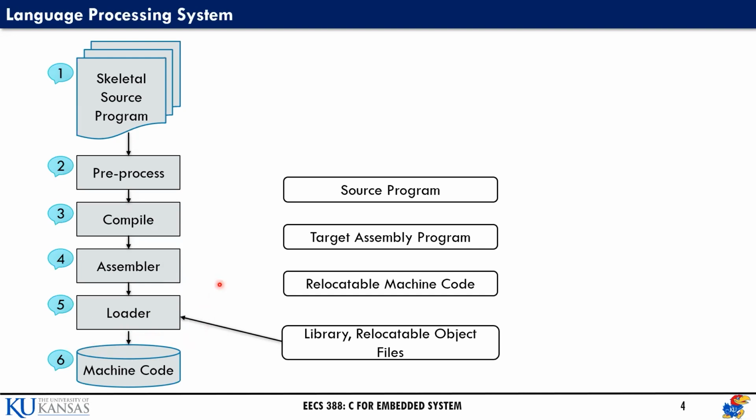So here in the loader, the loader basically takes the executable from the linker. Inside this stage, we have another tool that we call the linker. What the linker does is take all the object files generated by the assembler that contain the machine code but lack complete execution.